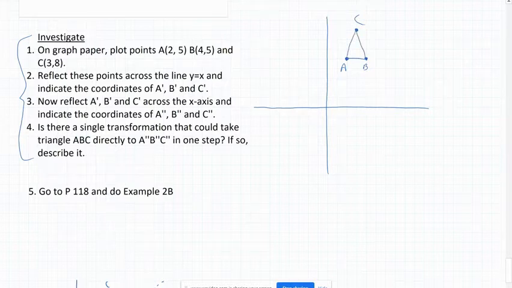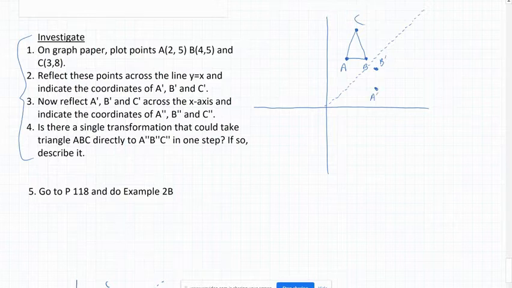And now first, for step 2, we're going to reflect these points across the line y equals x. And so the line y equals x looks like this. And so point B prime would end up here when we reflect. Point A prime is going to be here.